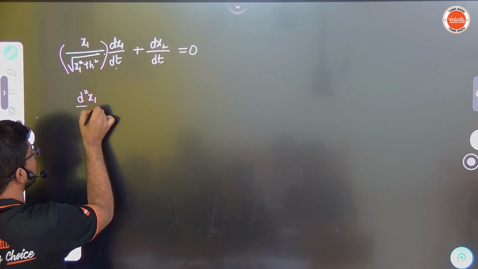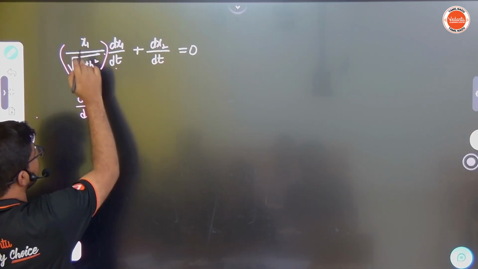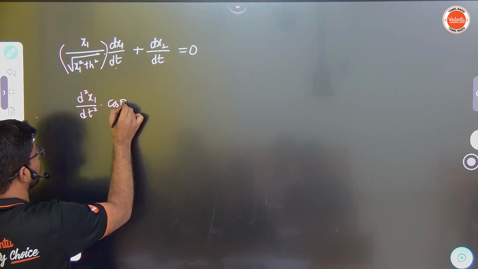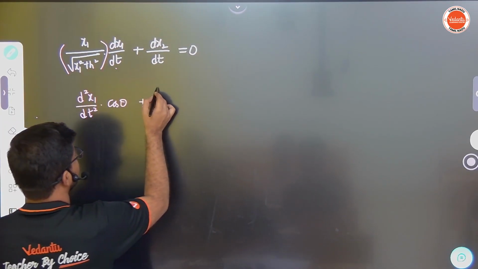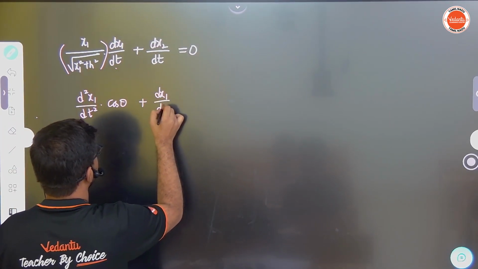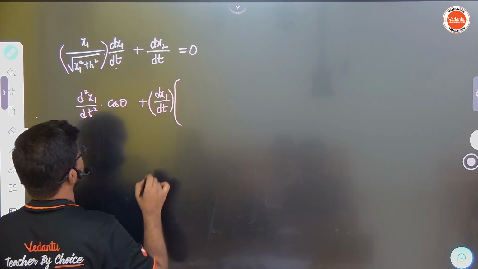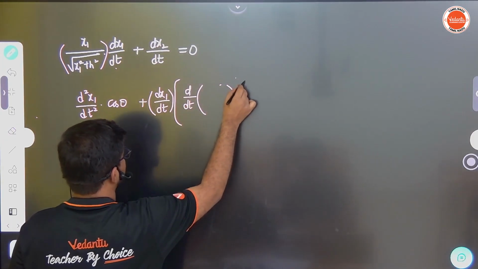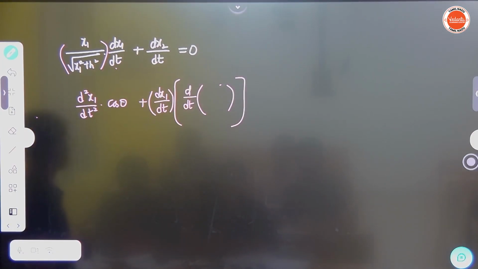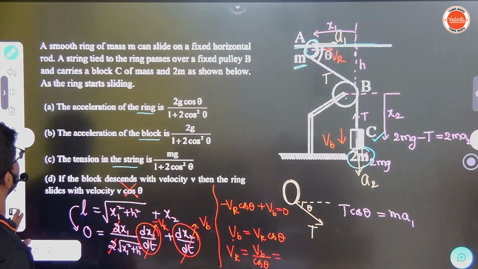You'll get d square x1 divided by dt square into cos theta, plus, keeping dx1 divided by dt as it is, d by dt of all this thing. I'll come to this point.